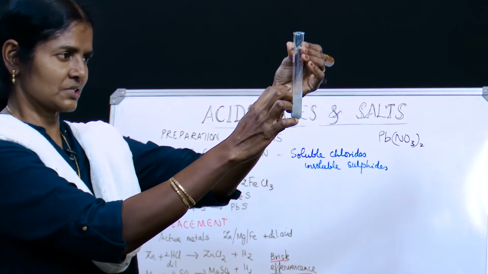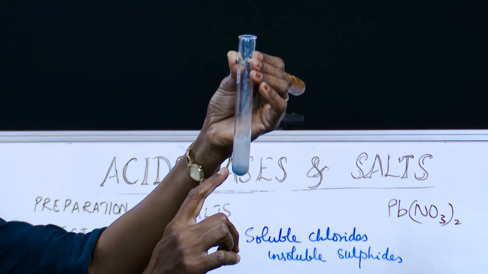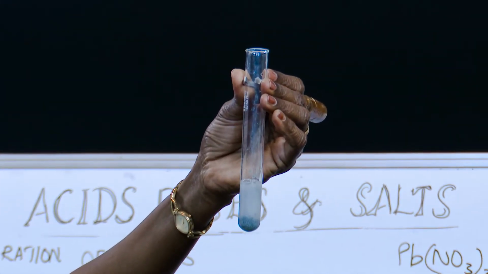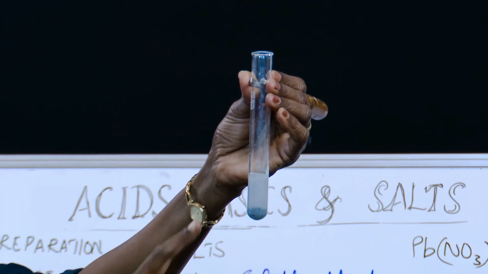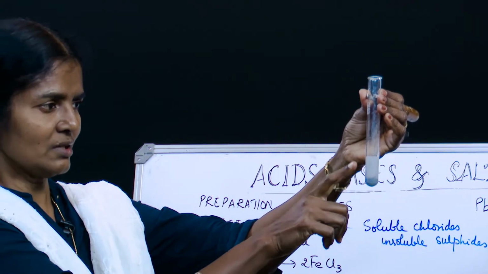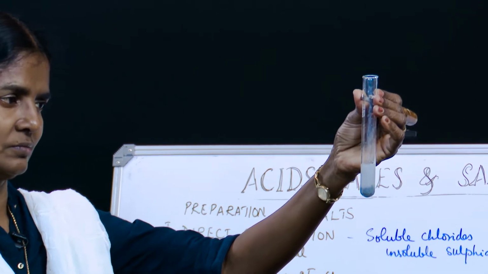That's where hydrogen is evolved and the salt that is formed here is zinc chloride. You can see fumes of hydrogen. This is brisk effervescence. Slowly this effervescence would stop and the reaction stops.